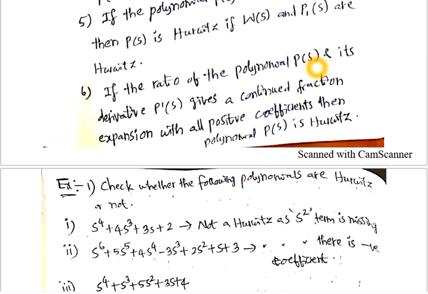It says that if there is a continued fraction expansion for p of s and p dash of s, it should give all positive coefficients. Positive coefficients are nothing but the quotients here. Then also this polynomial p of s will be Hurwitz.